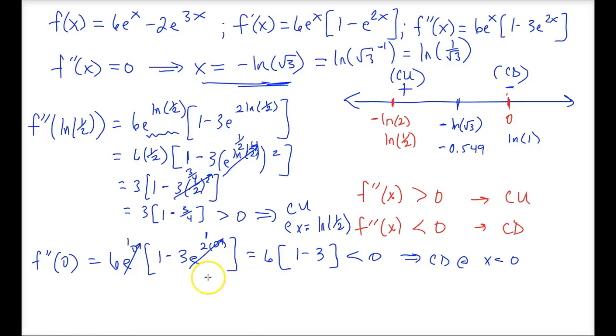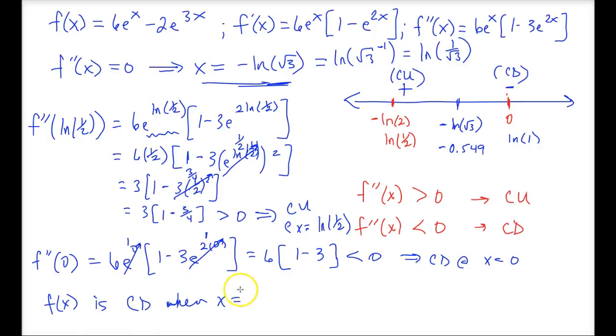So our question was, when is our graph concave down? Now that we know that, we can answer our first question, which is f of x is concave down when, and we're going to put it in this interval here.